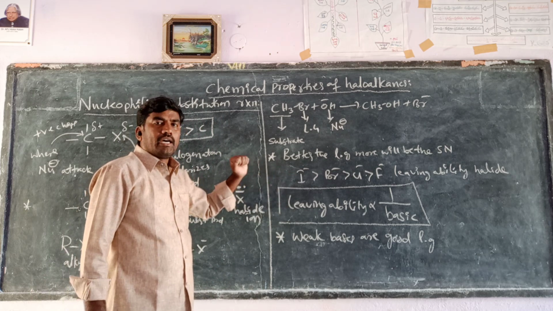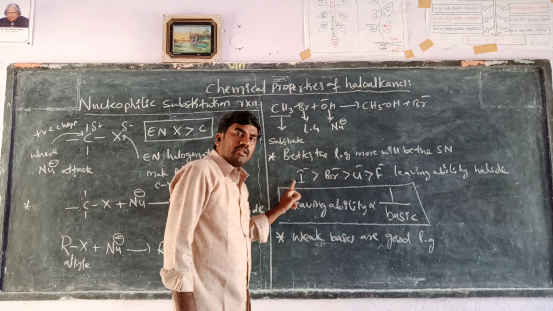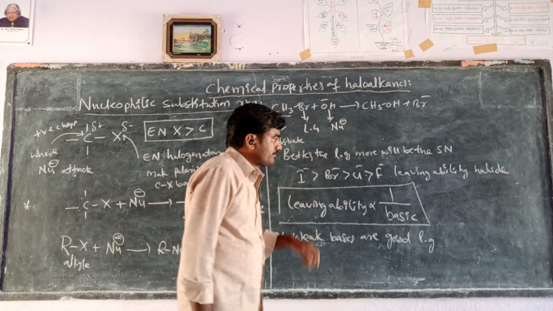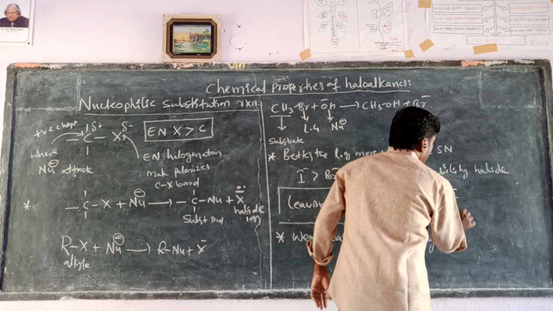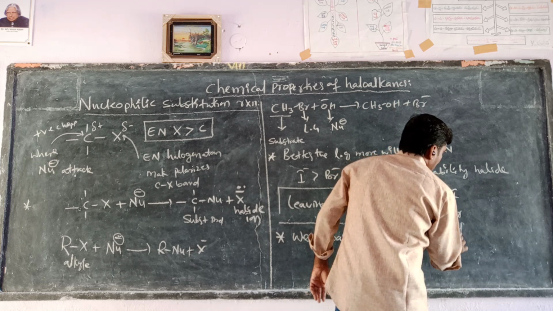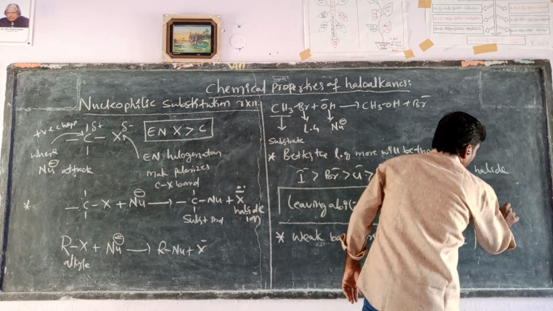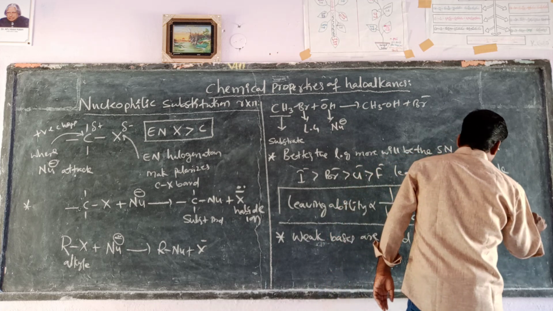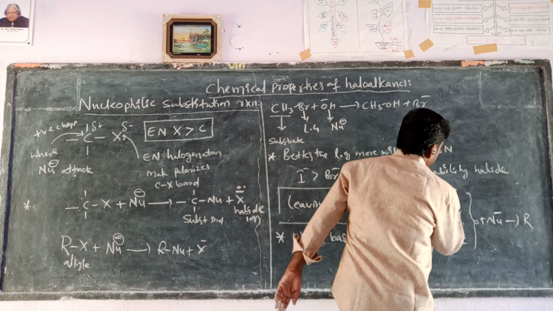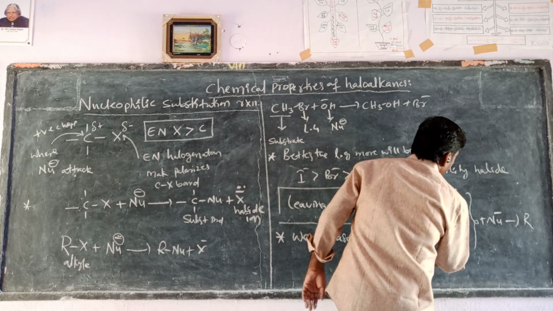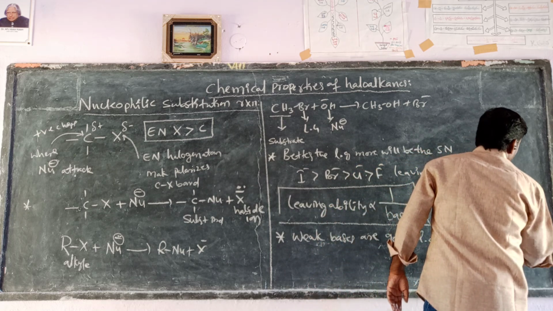Among hydrogen halides, in hydrogen iodide the bond length is highest. I am writing here hydrogen iodide, hydrogen bromide, hydrogen chloride, hydrogen fluoride. When these react with the nucleophile, they form R-I, R-Br, R-Cl, R-F, R-Nu plus X minus.